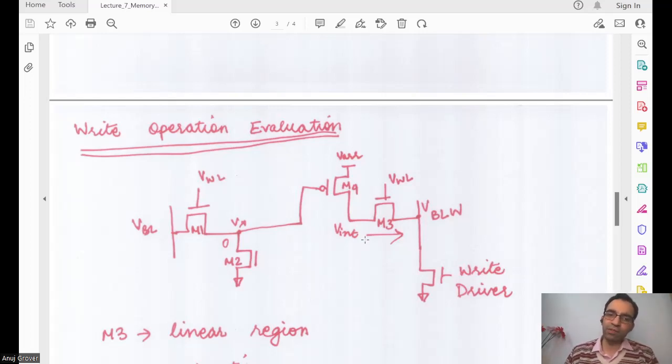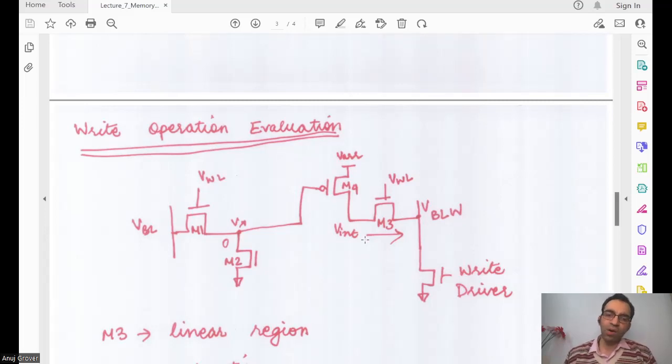M1, M2 were already there, where we say Vx has appeared, and we also now add the other side where 0 is to be written. Vint needs to be discharged. Now you say a good write operation has happened when Vint has gone as close to 0 as possible. Are you with me?